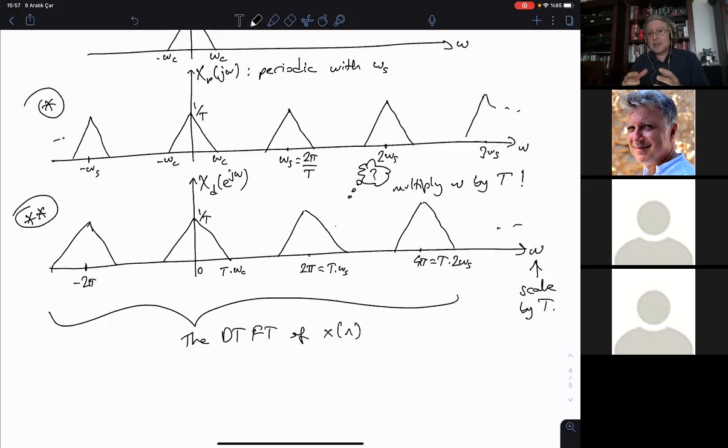We process the discrete time signal, and we output a discrete time output signal, y of n, let's say. So x of t was the input, x of n is the thing that arrives. We make it y of n, and y of n is now converted to y of t using the low-pass filter, the digital to analog converter.